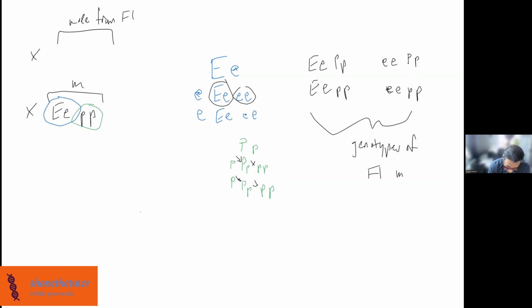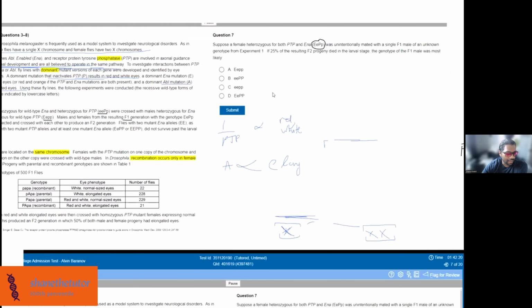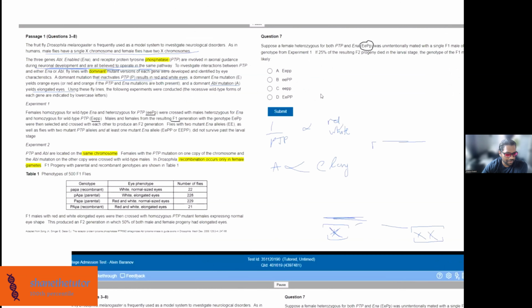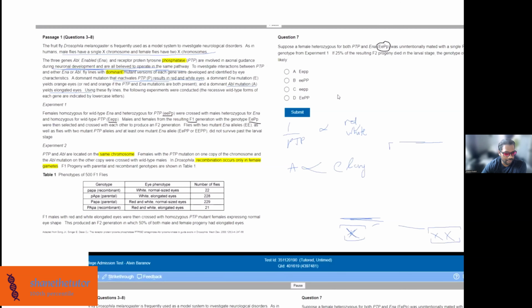Now, they tell us that males and females from the F1 generation with the genotype big E, little e, big P, little p, were crossed with each other to give the F2 generation. So one of them is going to have big E, little e, big P, little p as its genotype.